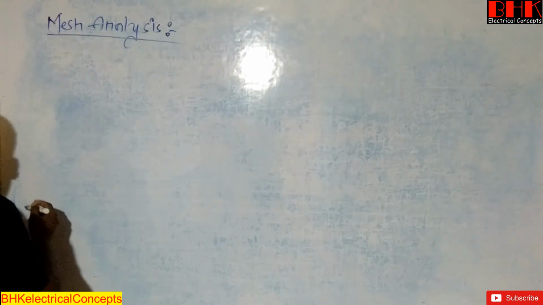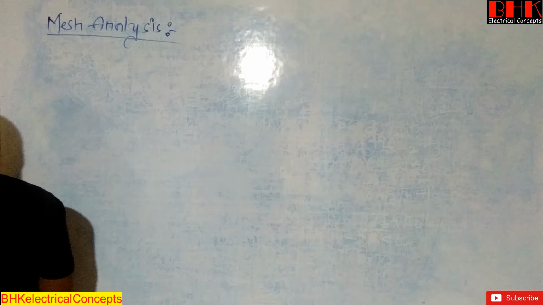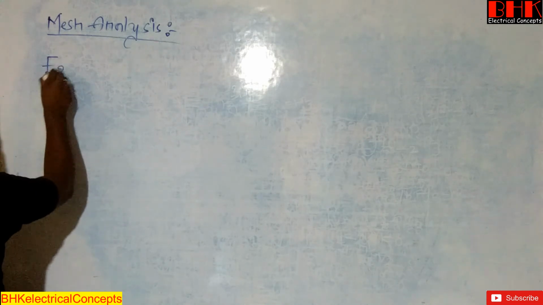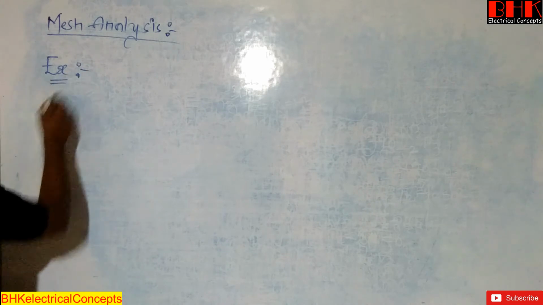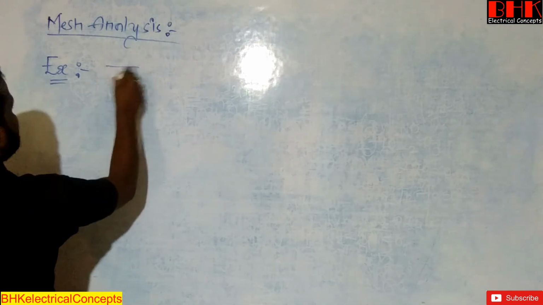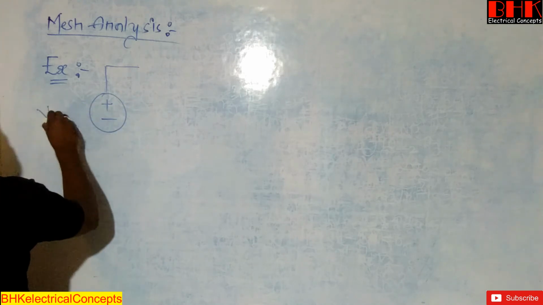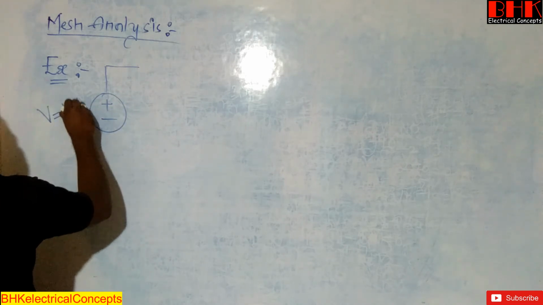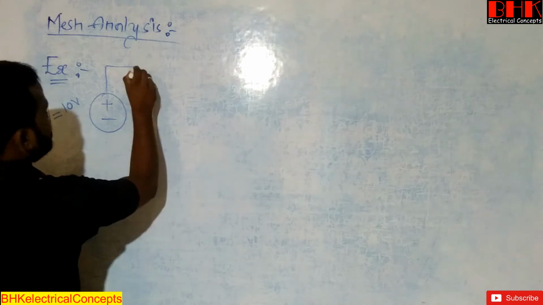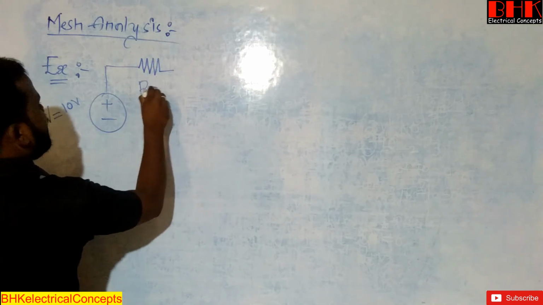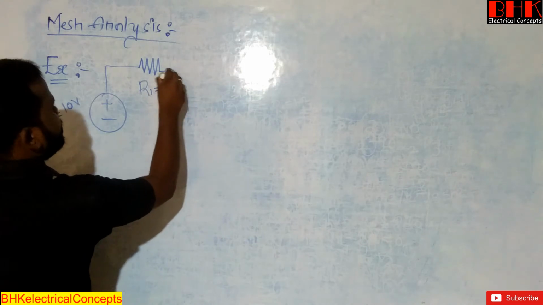Now I am going to consider one example here. This is a small problem. We have a voltage source, and the value of the voltage source, for example, I am taking as 10 volts. This is the resistance R1, and I am taking R1 as 2 ohms.